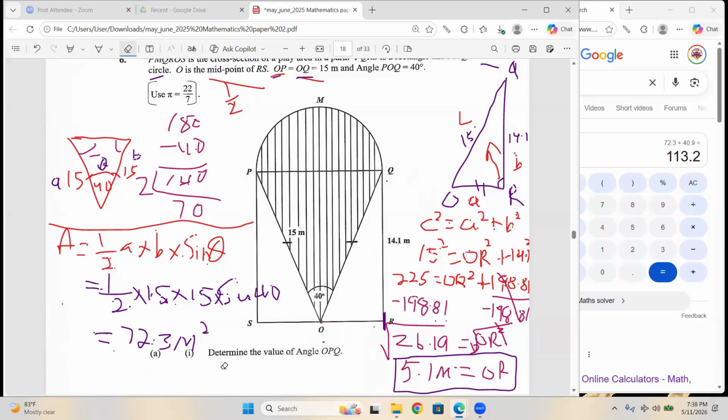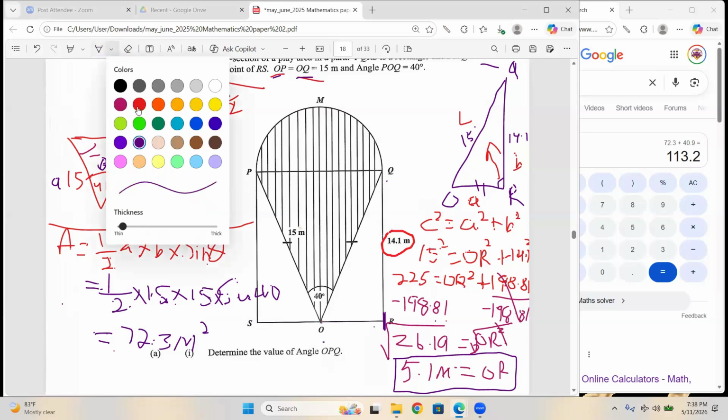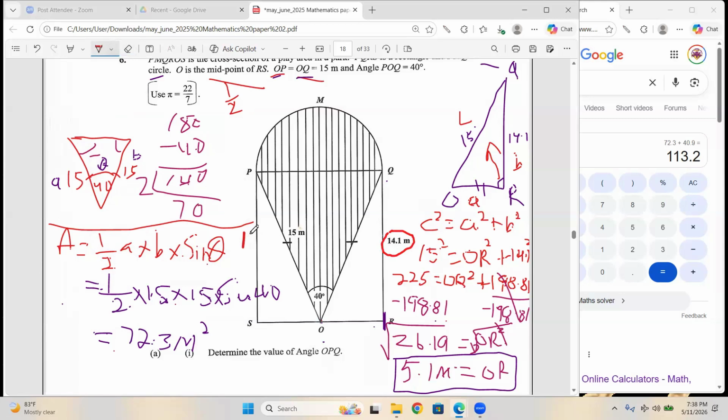So they want the area of, not the area, the perimeter now, right, of the entire diagram. So that means we know here's 14.1. I remember, like I said before, opposite sides in a rectangle are equal, so this side is also 14.1.